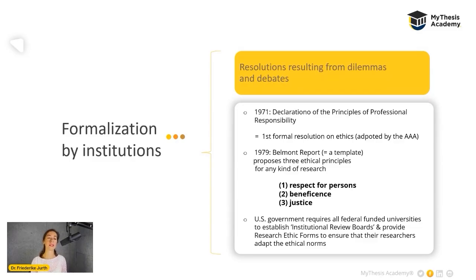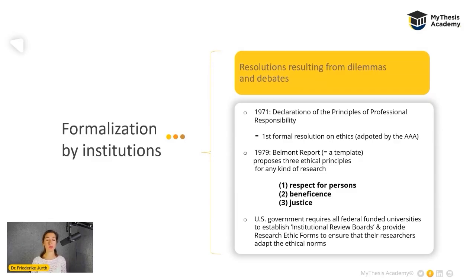As you see, the discussion about the declaration of the principles of professional responsibility and the first resolution on ethics already came up and was declared in 1971. So in the 70s was the time when this discussion came up and got into the consciousness of the researchers.